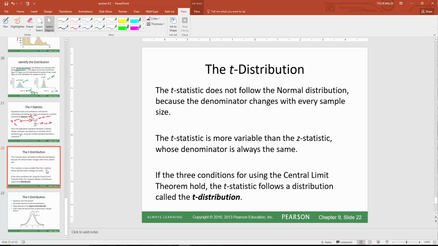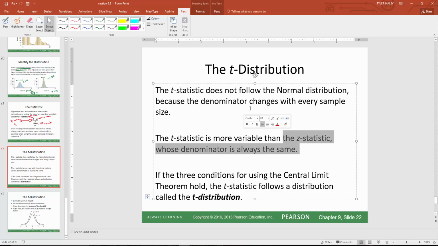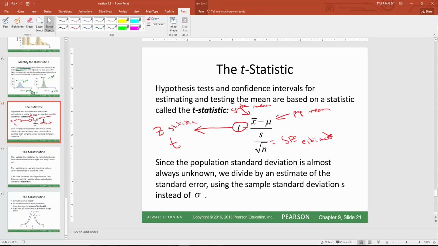So the t statistic does not follow a normal distribution, right? And that's because my denominator changes with every sample size, right? Because if we look at the t statistic, this denominator will change with every sample size. So a different sample size means a different denominator.